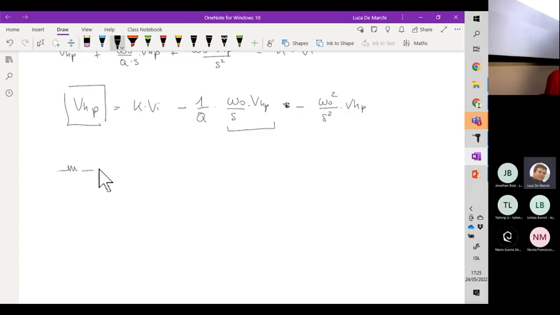Please remember that the integrator can be realized with this circuit. And this is precisely an inverting integrator.